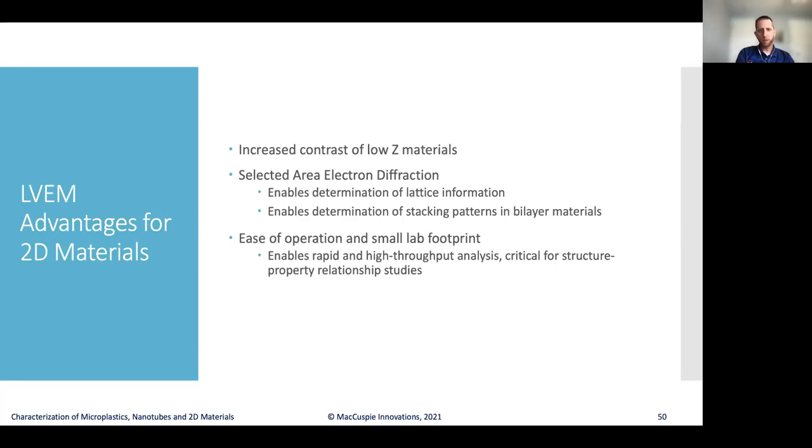The electron diffraction enables the determination of the lattice information as well as the stacking patterns in the bilayer materials. And the ease of operation with a small laboratory footprint enables a rapid and high throughput analysis, which is critical for the structure-property relationship studies that are really advancing the types of materials that are available for study and understanding their properties.